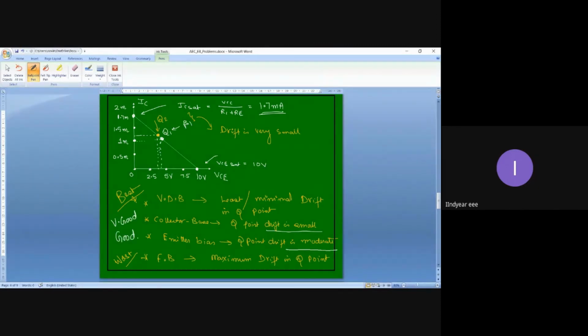That's how we measure the goodness of a biasing network in terms of stability. Stability is measured in terms of beta variations, collector leakage current variation, or base emitter voltage variations. In our problems, we analyzed biasing stability in terms of beta variation, and beta can vary due to the transistor change or due to variation in temperature.